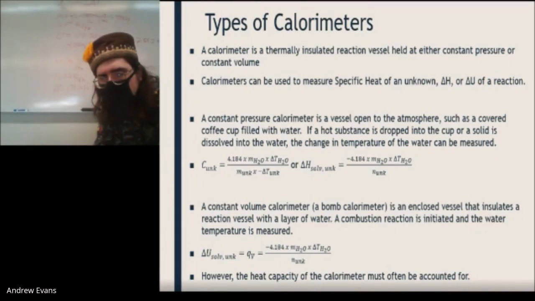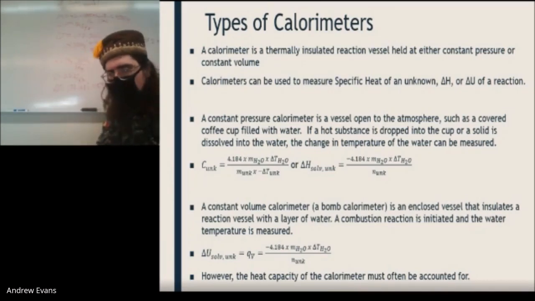So it's an open reaction vessel, open to the atmosphere, such as a covered coffee cup, which is what we're going to use. There's fancy ones, but we're going to just use a covered coffee cup with water. If the hot substance is dumped into the cup or a solid is dissolved into the water, the temperature will change, and we can measure that temperature change of the water.